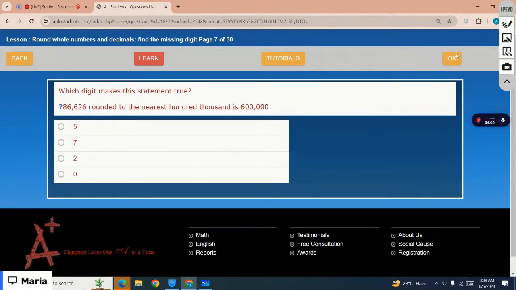Which digit makes the statement true? Which is the correct option? The missing number is 5. It is 5.